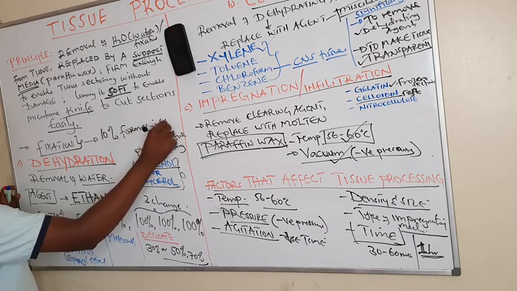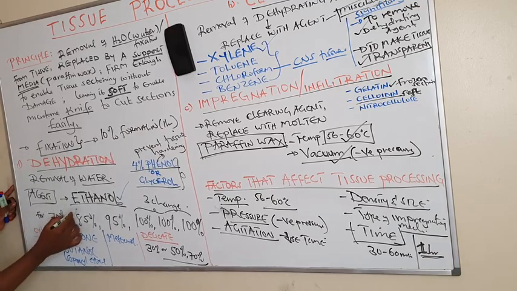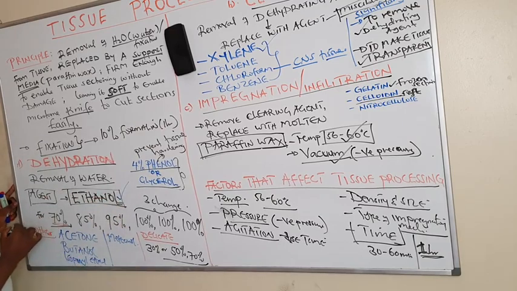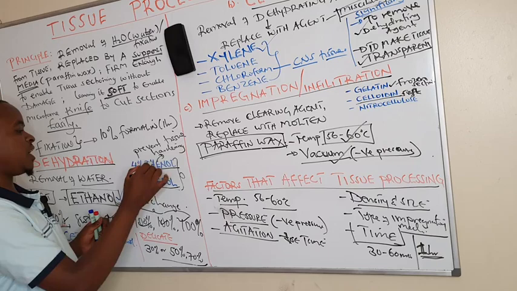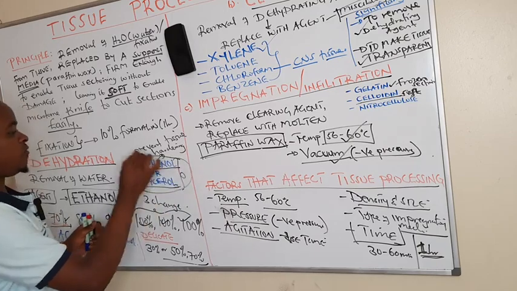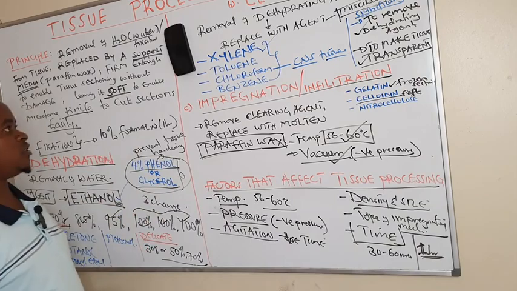This can also be for 1 hour. Then we dehydrate, whereby the most suitable dehydrating agent we have seen is ethanol. In each change, we take 30 minutes to 1 hour. Then we can always mix in 4% phenol or glycerol to prevent hardening of the tissue.